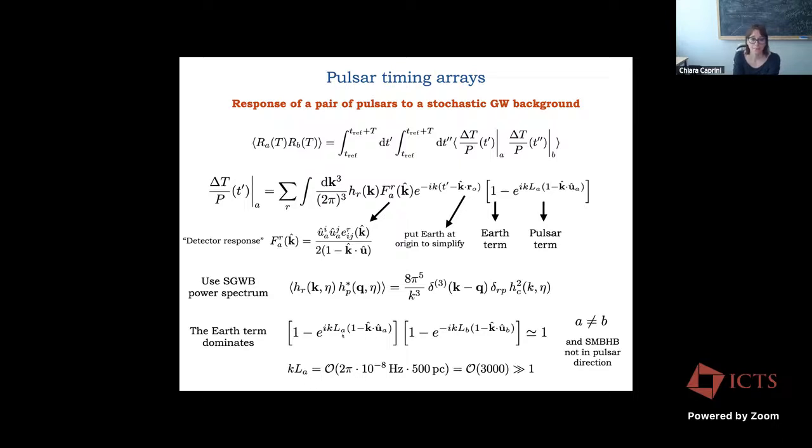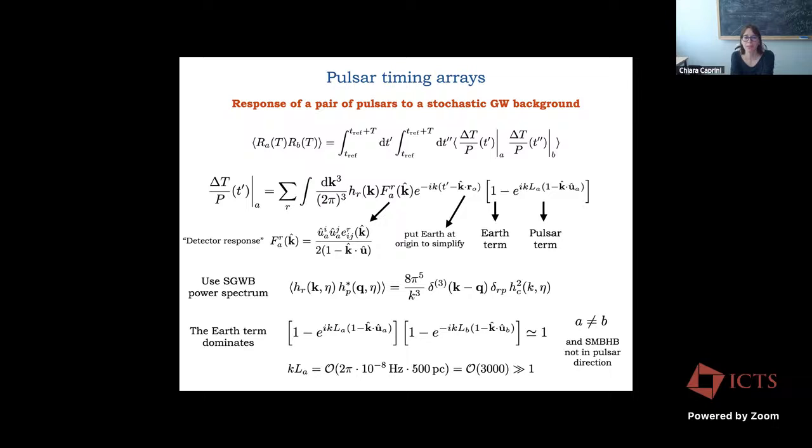Because this particular combination here, which is the wave number times the distance between the pulsar and the Earth, is extremely large. So we have here that the wave number is of the order of 2 pi times the frequency, and the frequency is of the order of 10 to the minus 8 hertz, as we already saw. Typical distance, for example, 500 parsec.